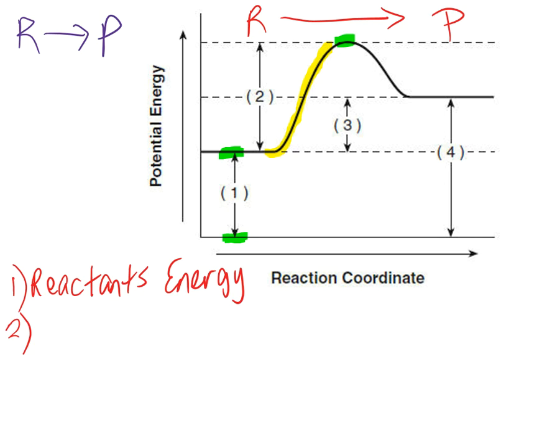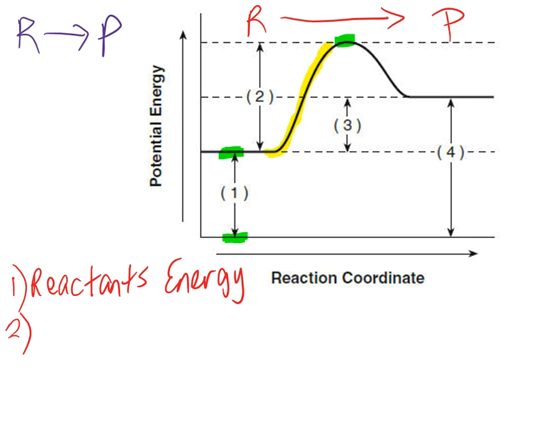Breaking bonds requires an increase or an absorption of energy. So as we climbed up the hill, that was the process in which bonds were being broken. Once we get the bonds broken, then the new bonds can form. When you start to form bonds, that releases energy. So the part that is labeled as 2 shows us the energy associated with breaking those old bonds. And again, once that takes place, we can then start to form those new bonds.